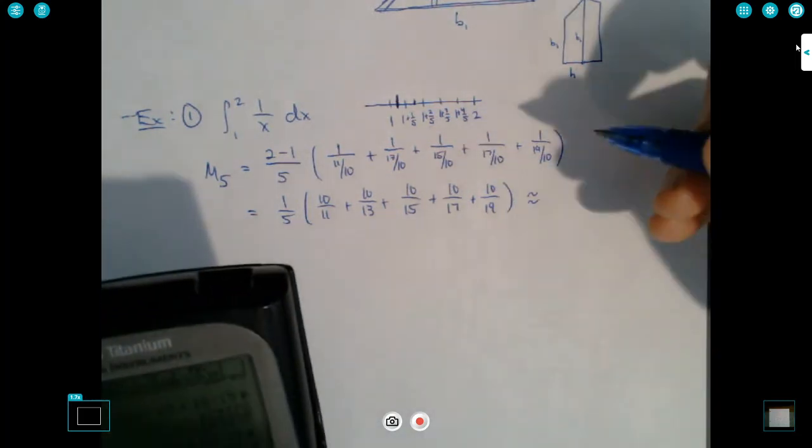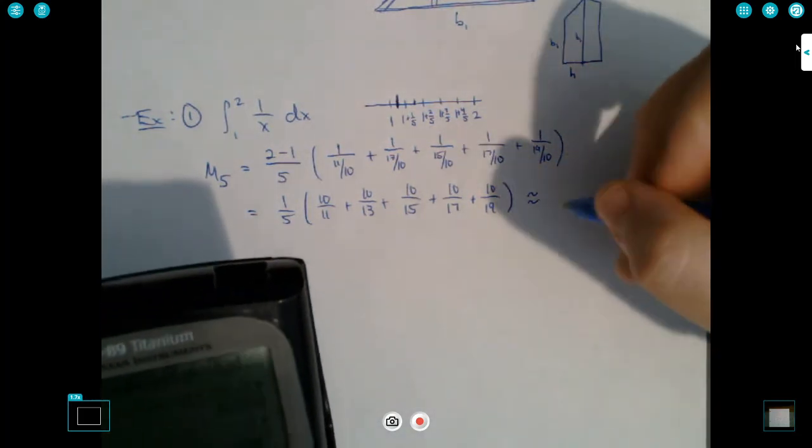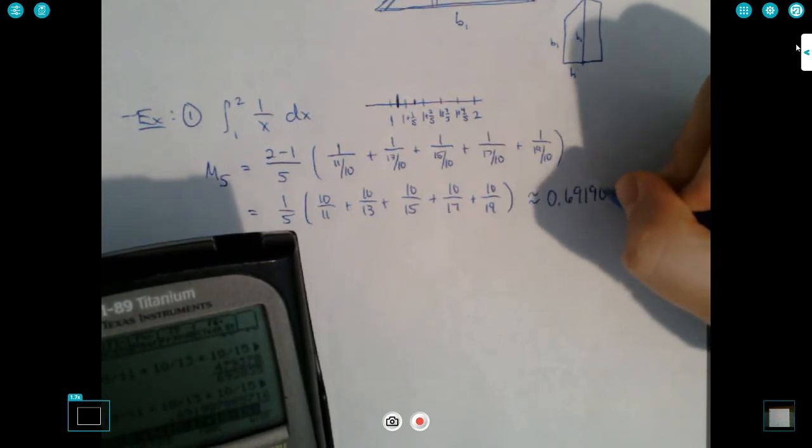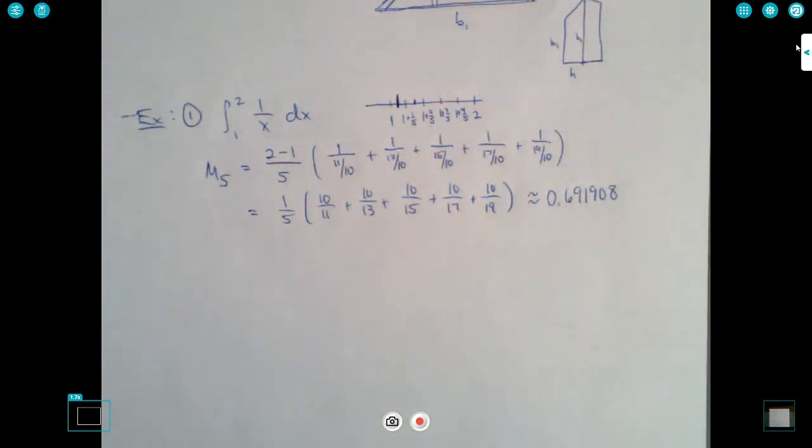Let's round to 6 decimal places, so it's approximately 0.669198.